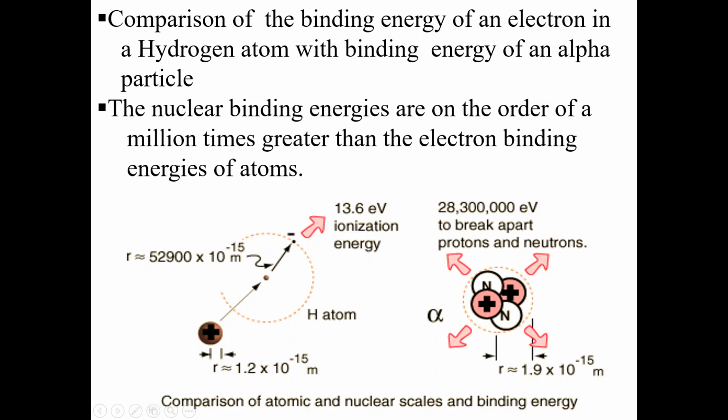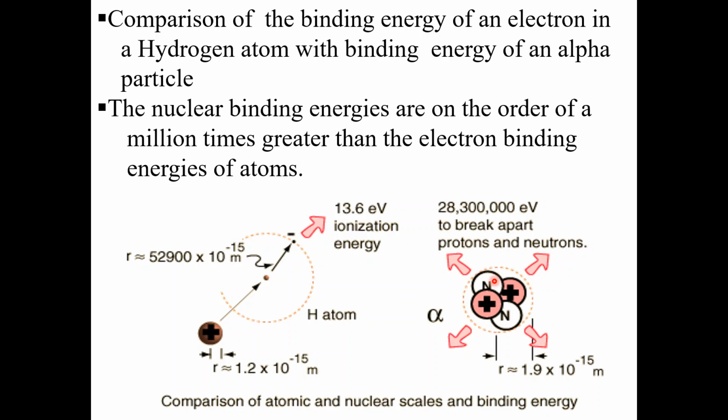It means that nuclear binding energies are on the order of millions of times greater than the electron binding energy of atoms. You have seen it by yourself. To separate the electron from the hydrogen atom, you only need to supply 13.6 electron volt.